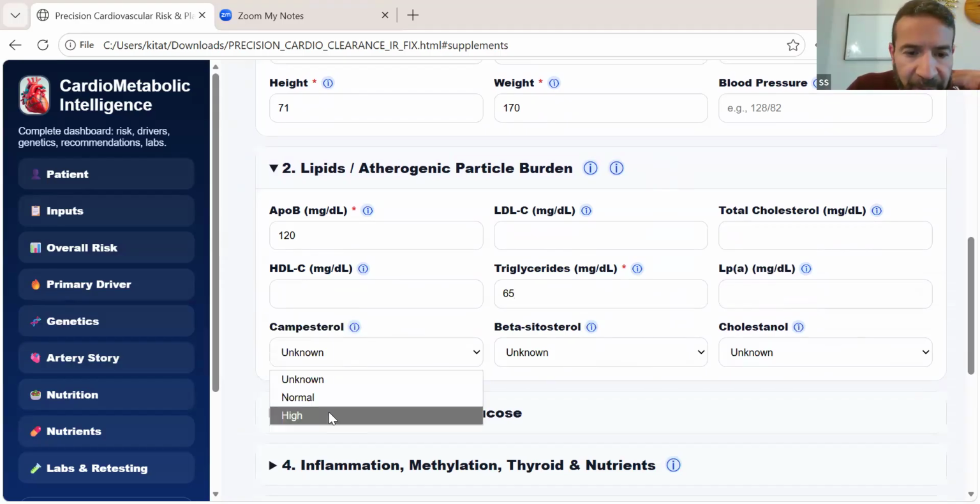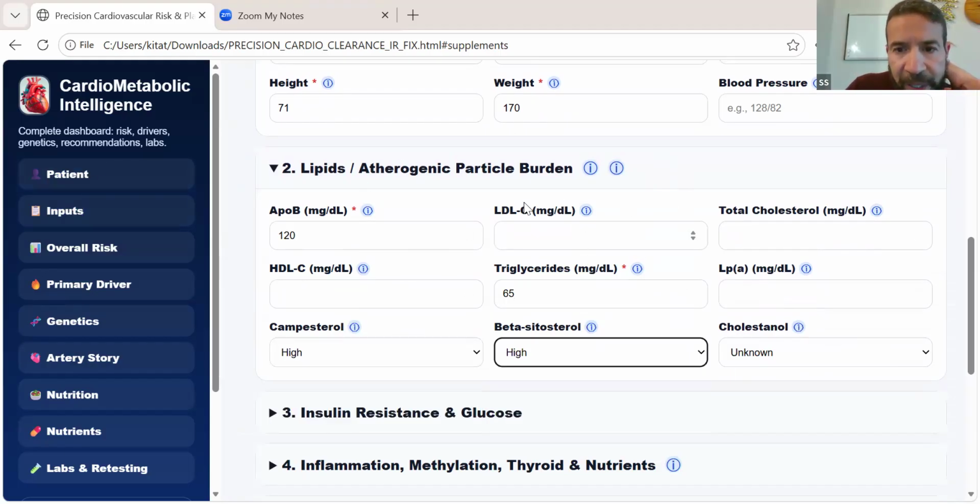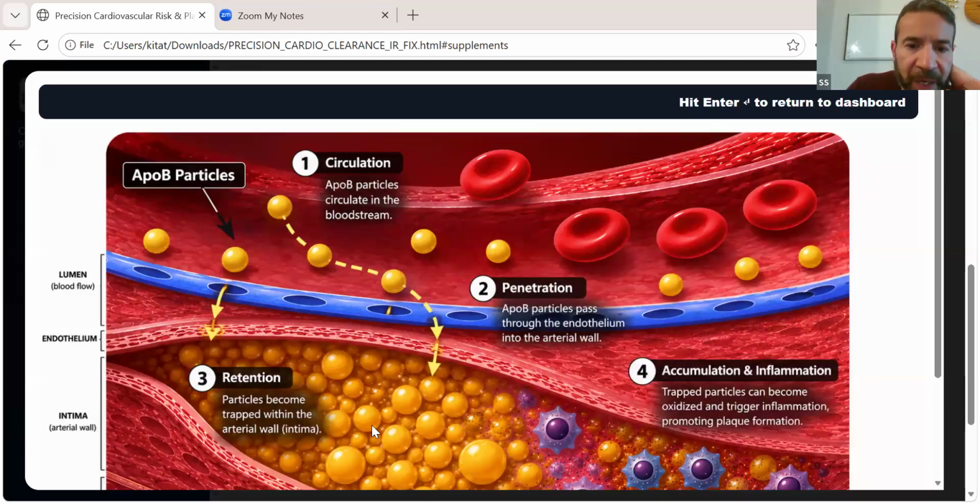Let's say they are high for now. If you want to know what this is about, again, you press on this eye, and it shows you why. ApoB is important. This is the path that it takes, the pathology, the path that it takes for the disease to develop.